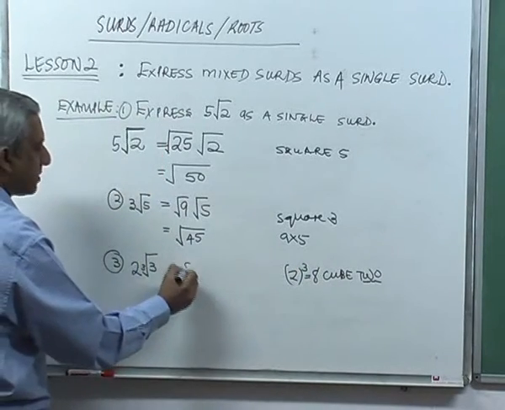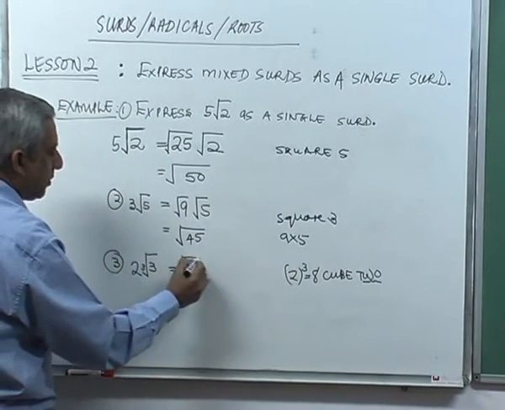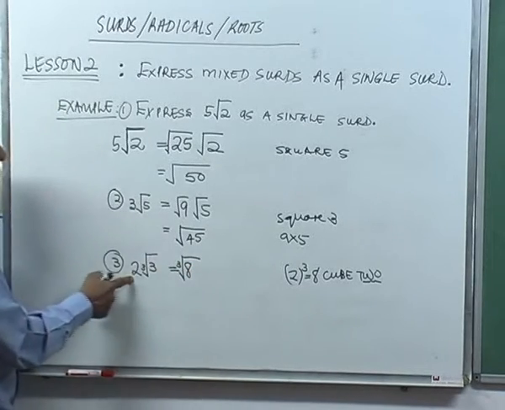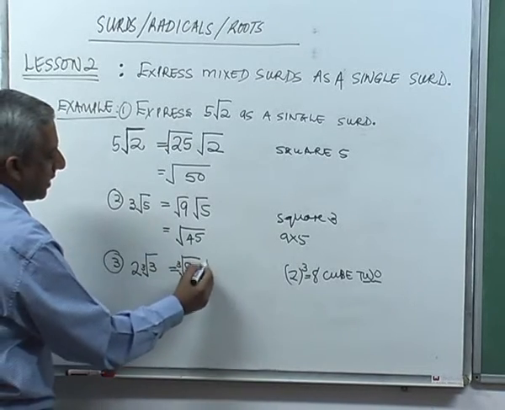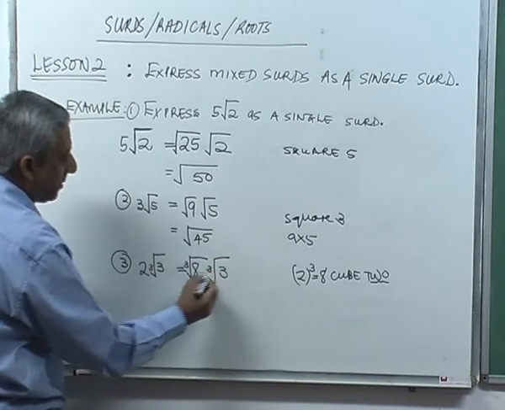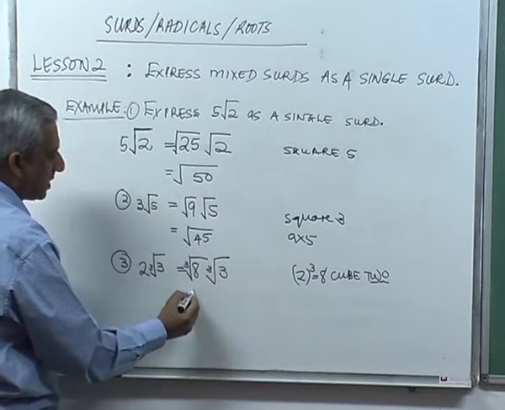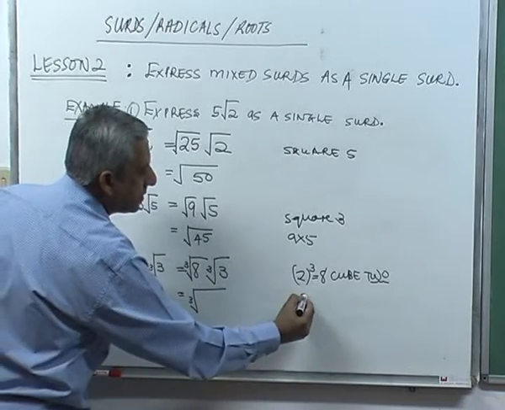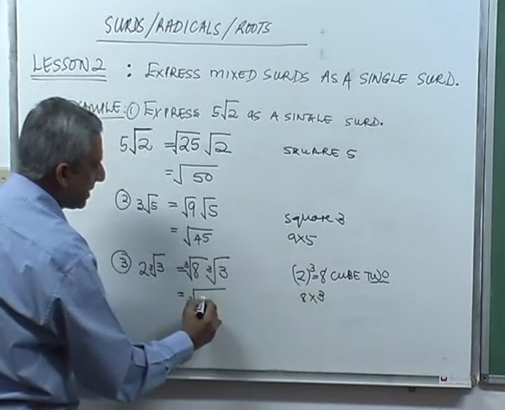So this becomes 8 cube root. You see, the cube root of 8 is 2. 2 is the cube root of 8. And here we have cube root 3. Now, once again, multiply. 8 times 3 gives you 24.